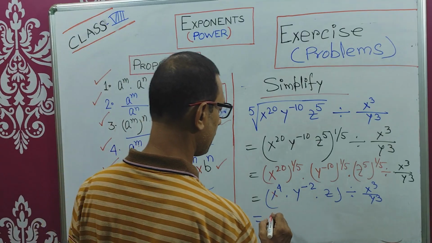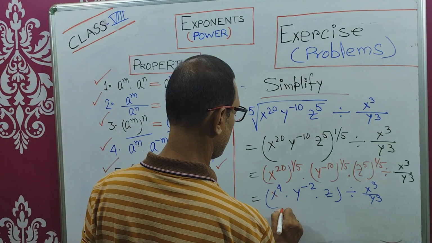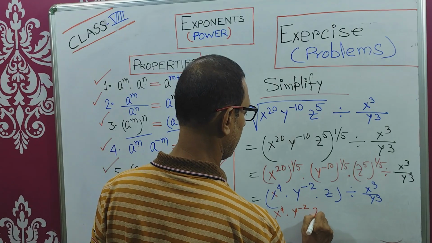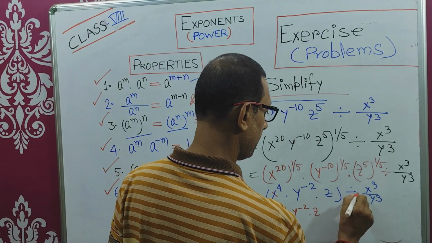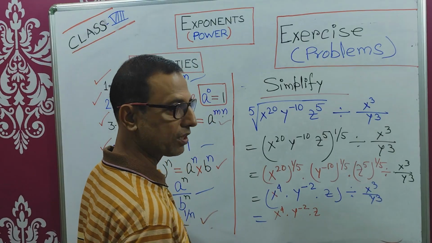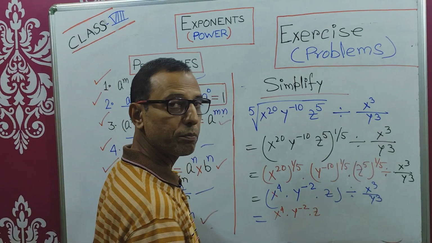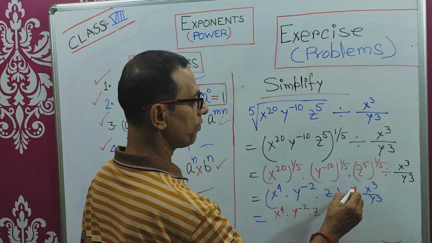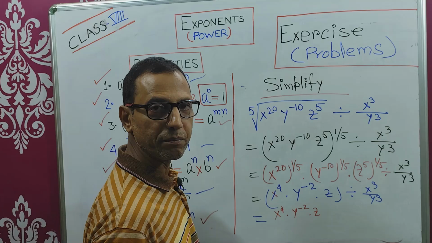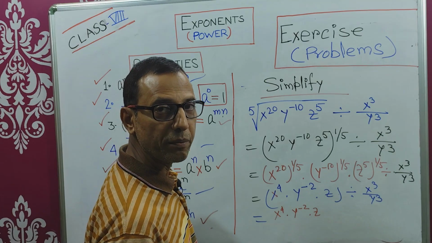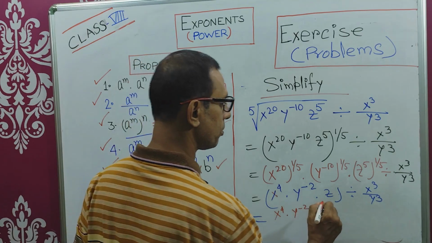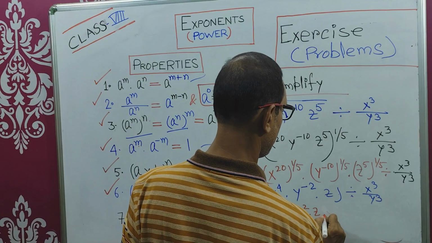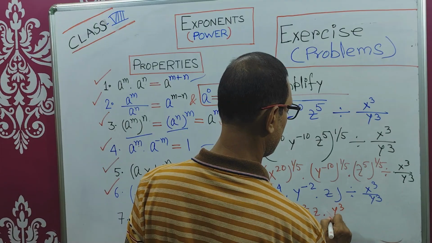So now how we can write down this one? x to the power 4 into y to the power minus 2 into z divided by x cube by y cube. That means what you can do? Into y cube by x cube, right?